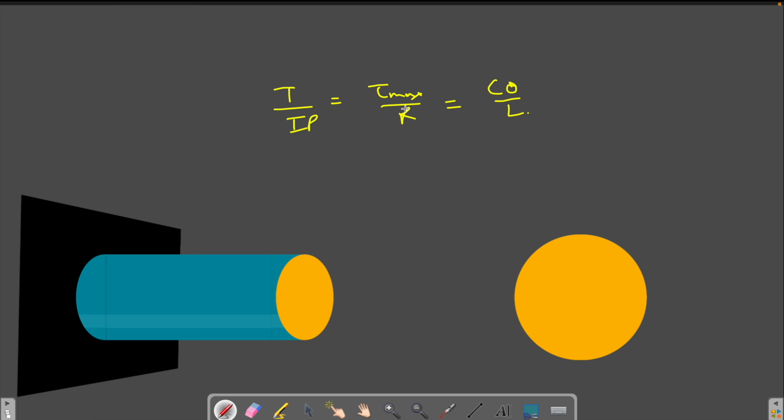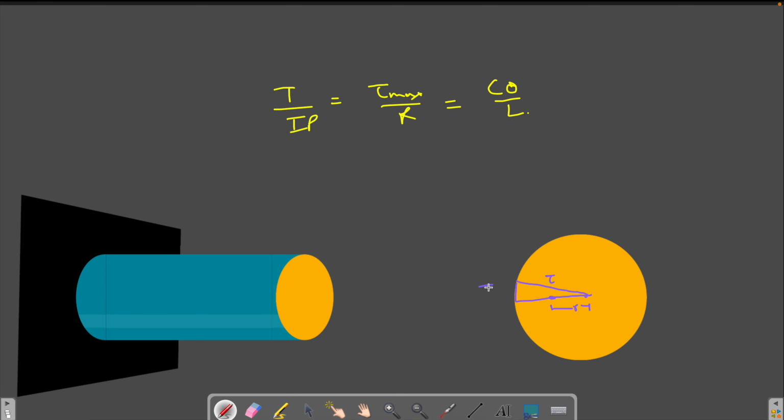Now, if you take any other point instead of the periphery of the circle, that means if you take any other arbitrary point from the center of the circle whose radius is small r, and here the shear stress is tau. So let me draw the stress profile again.